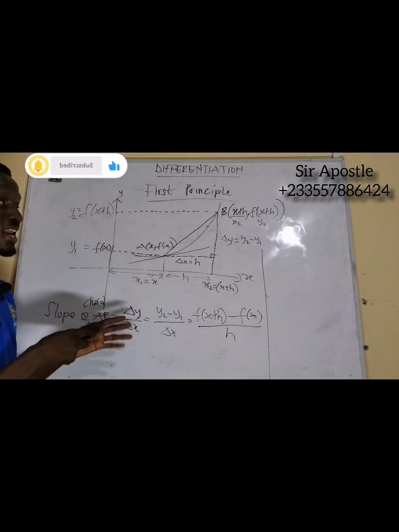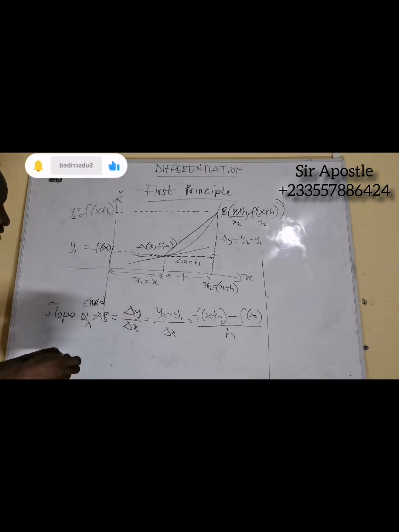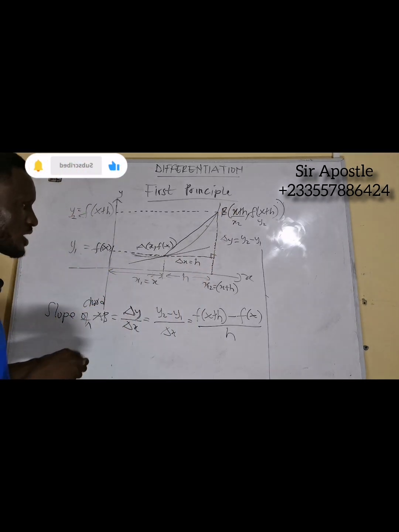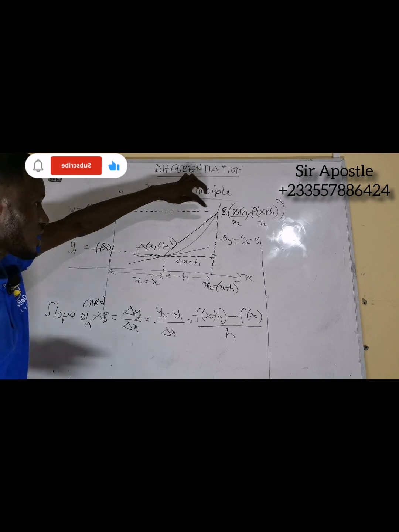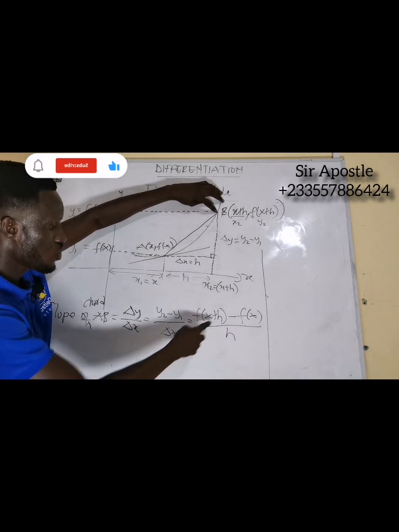Now, before I can look for the gradient at the point A, I have to consider this particular curve, f of x. The value of x will change. The gradient at this particular point will be the same as this here.